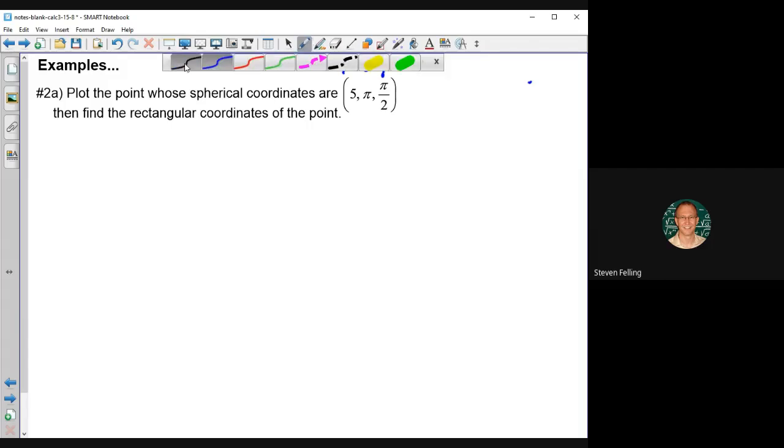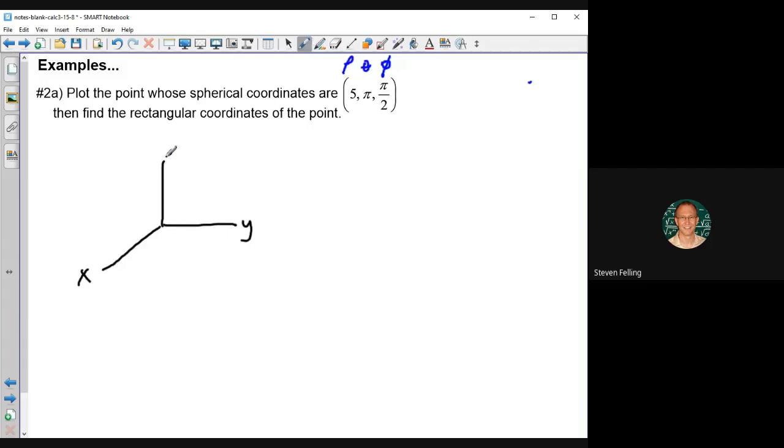So if I was going to graph this, we do our graph in rectangular. I know I'm going to end up going a distance of 5. But first, let's use this pi right here. So we're going to go to the angle pi, and theta is defined in the xy plane. Let me extend this back here. We're going to go around an angle theta in the xy plane, and then we're going to go down pi over 2, right?